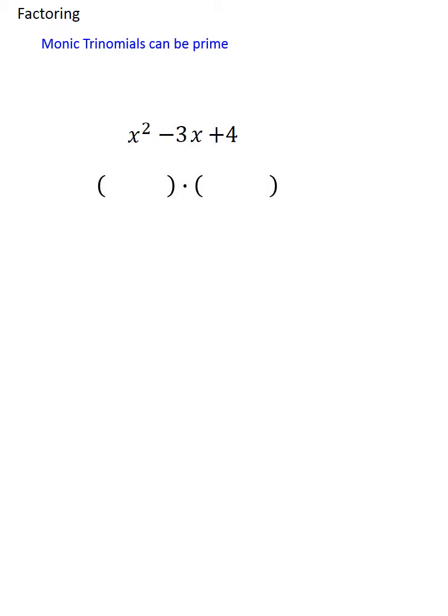But putting that aside, we would put an x as the first term in each binomial, as before. And again, we're going to look to guess numbers that will multiply to 4, but the same pair of numbers has to add to negative 3.